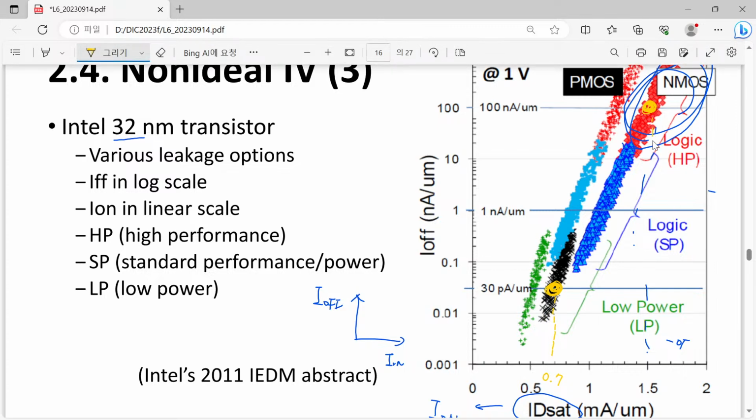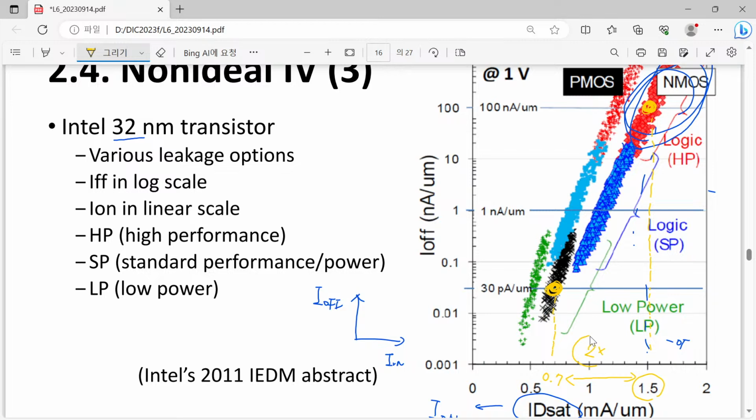And now you have values corresponding to 1.5, slightly larger. So what is the difference between this and that? You can find that the improvement of your on current is about just 2 times.